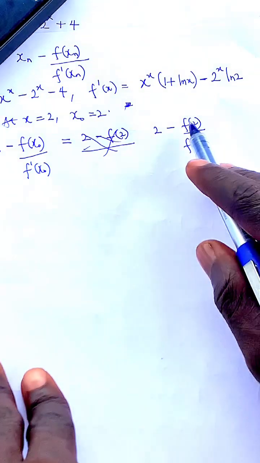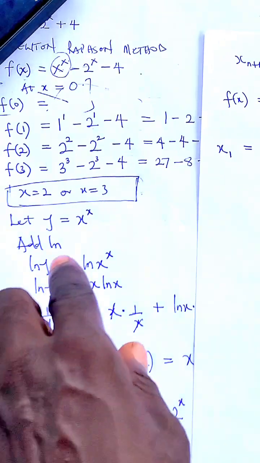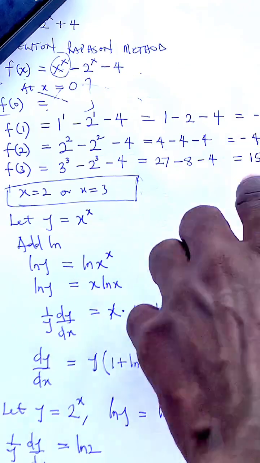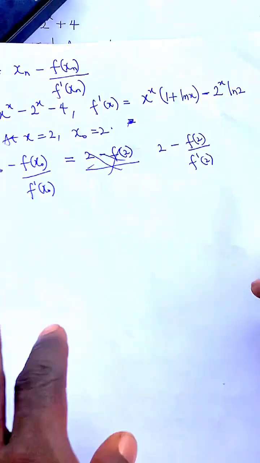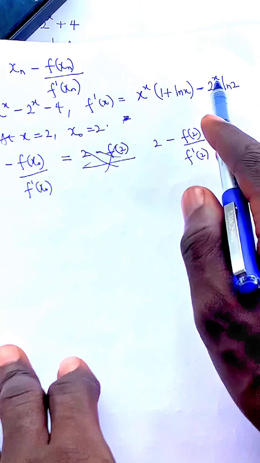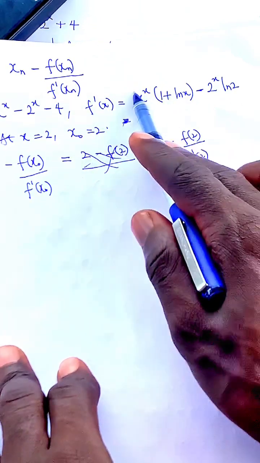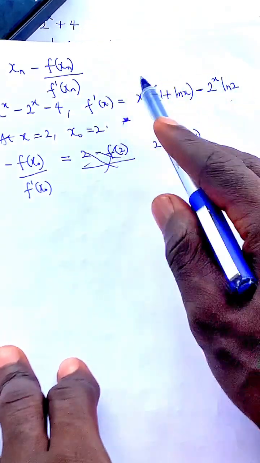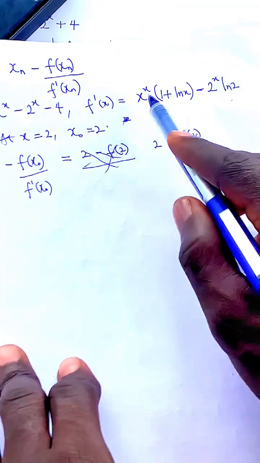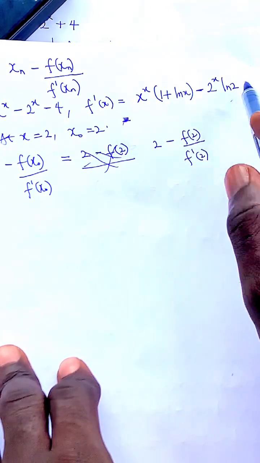That means we need to get f of 2, of which we have already here as minus 4. Then we also need to have f prime of 2, okay, which is all this.